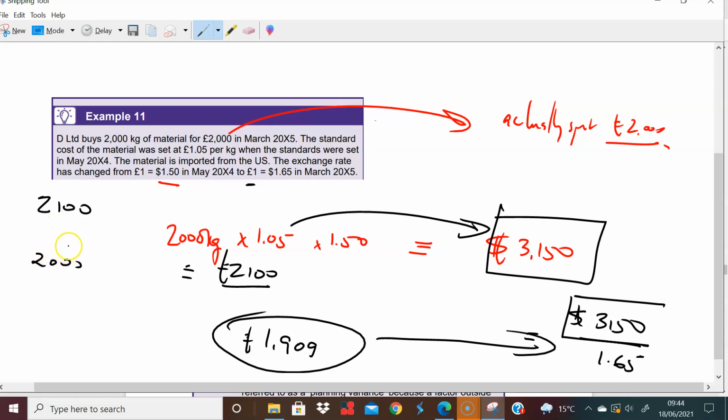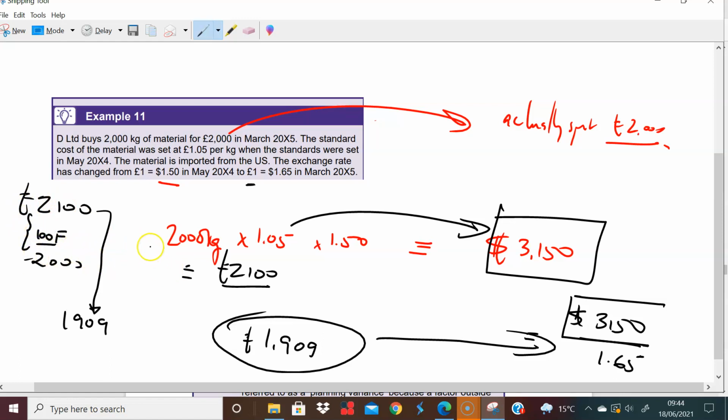And we say to you, "Well, actually, not the case." First of all, what's really happened is that we start off with 2,100. That is the original standard. That standard now falls to 1,909. So you want to tell us that you have a £100 favorable variance here, that you spent less.